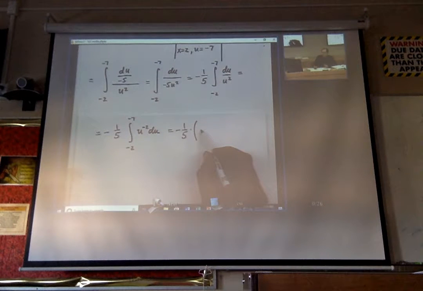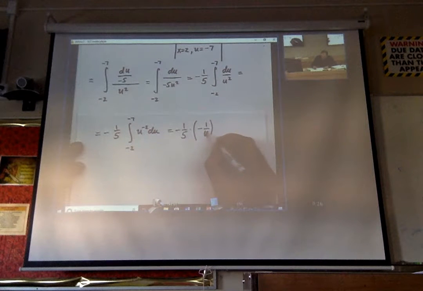What's missing? Not 1 over u. It's negative 1 over u. Oops, so 1 over u, and then it goes from negative 2 to negative 7.